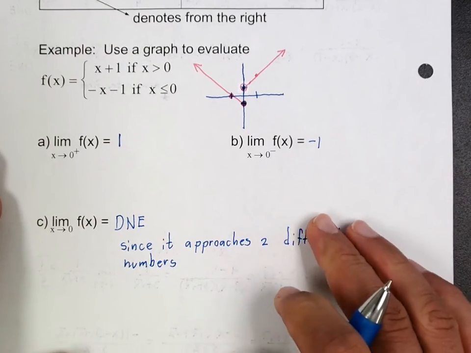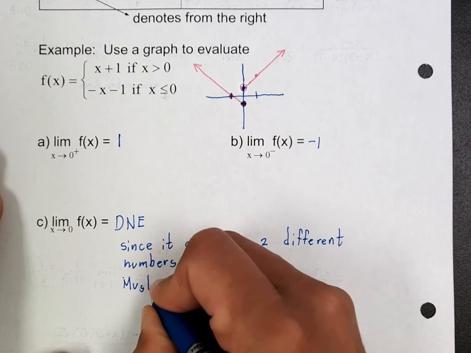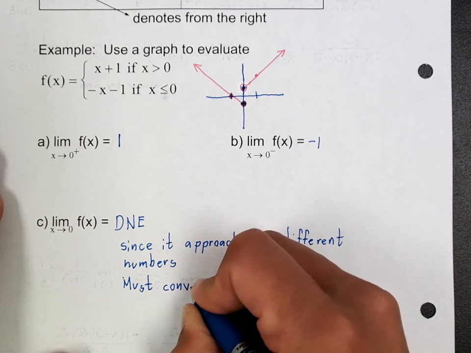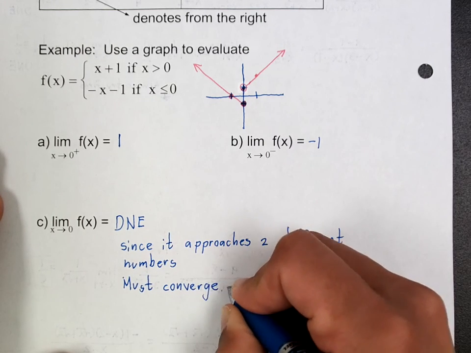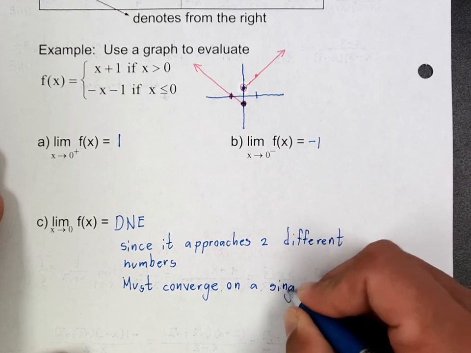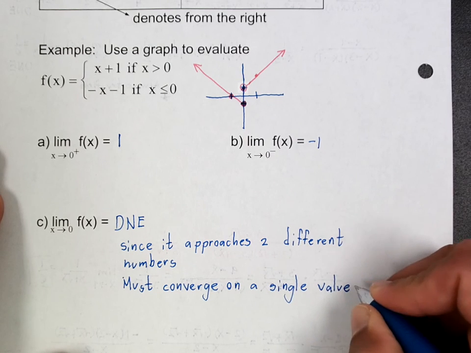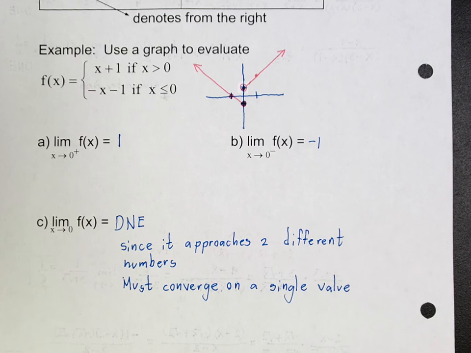To be precise, you must converge on a single value. And if you're not converging on one single value, then the limit does not exist at that point.